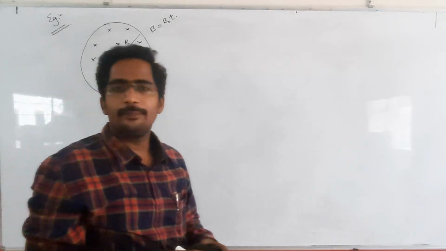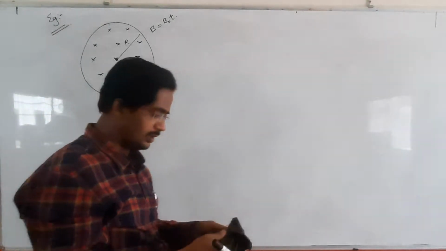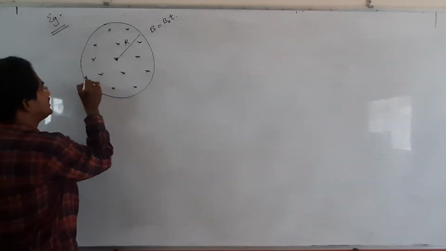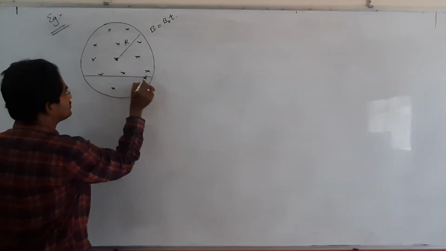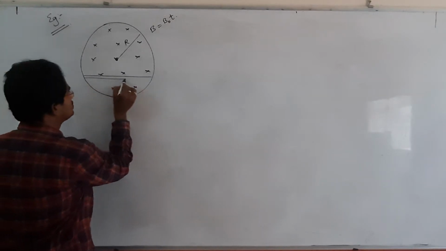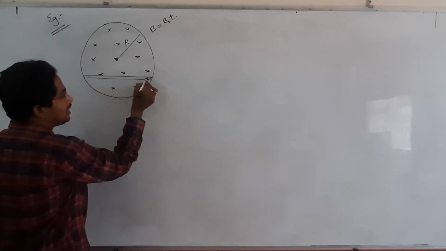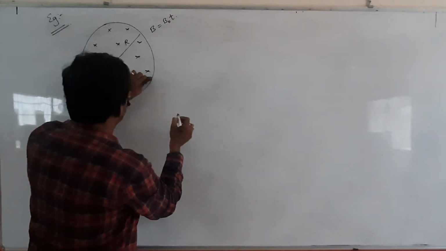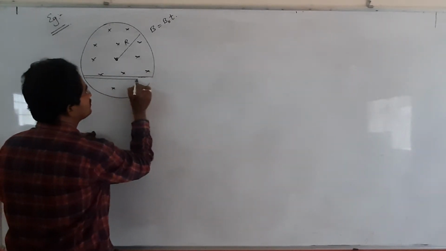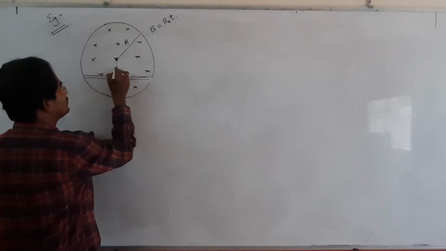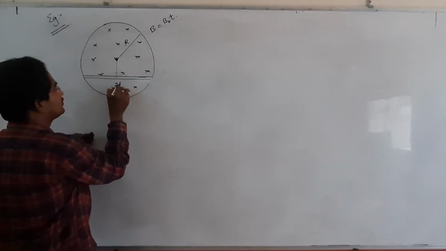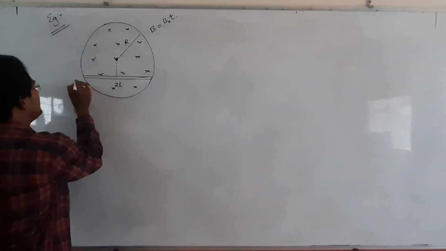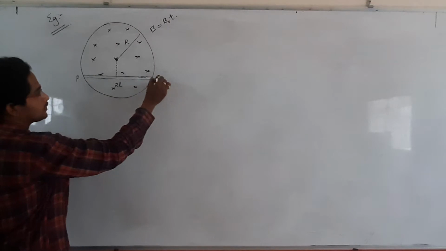Now, in this circular region, I am placing a rod. It is a rod of length 2L. What is the length of the rod here? 2L. This point is P, this point is Q.